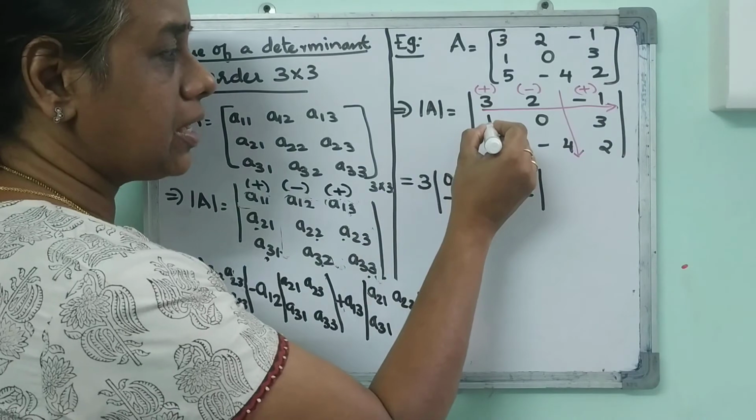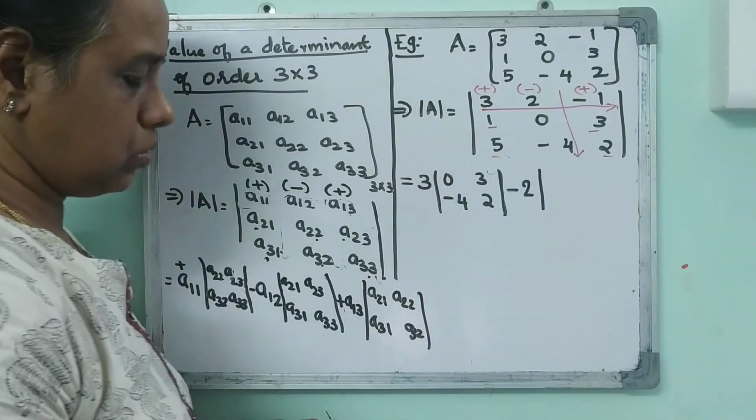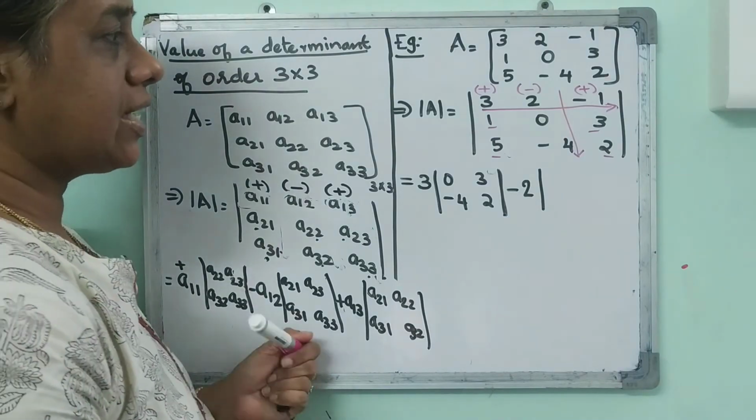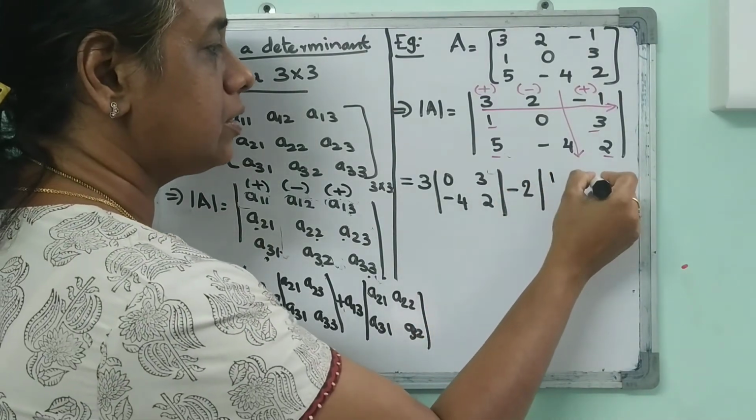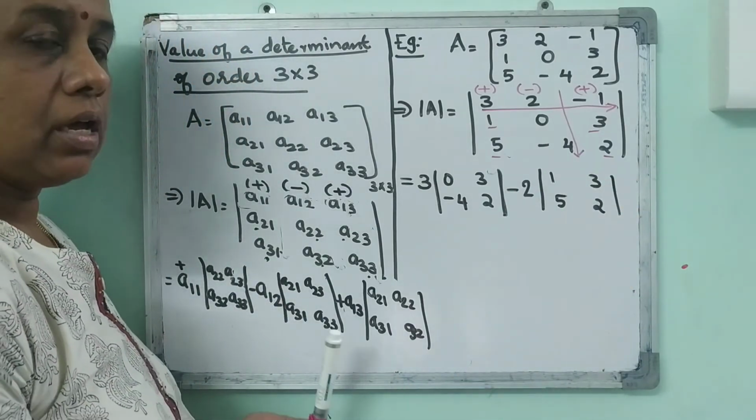What do you get as a remaining determinant? This 1 and 3, then you have 5 and 2. So I will put that in the determinant: 1, 3, then 5, 2.